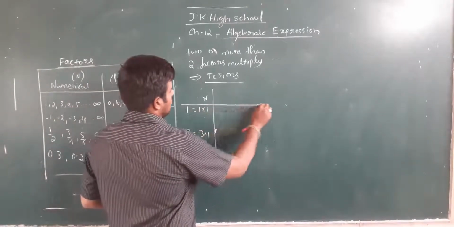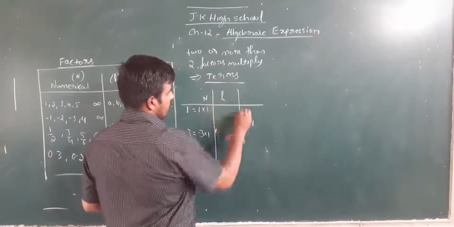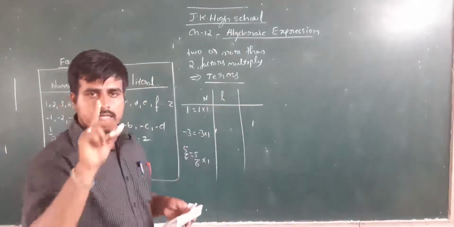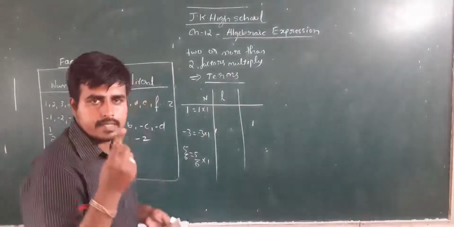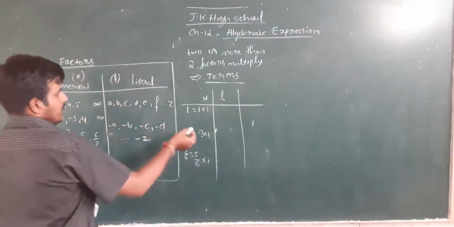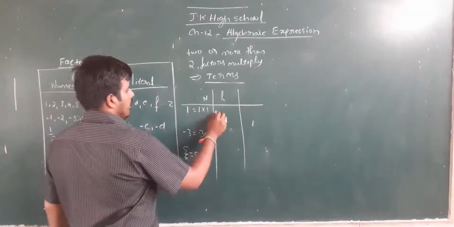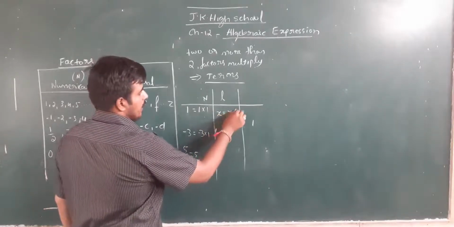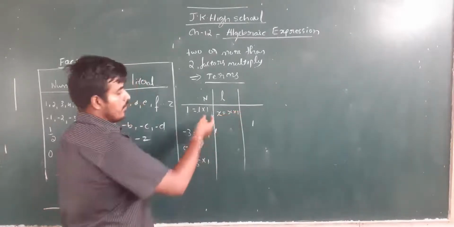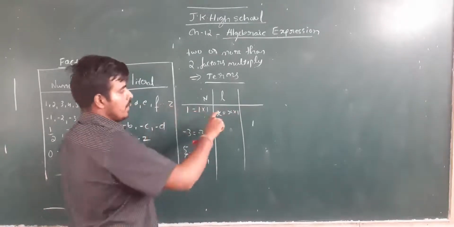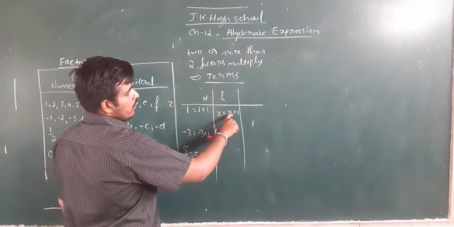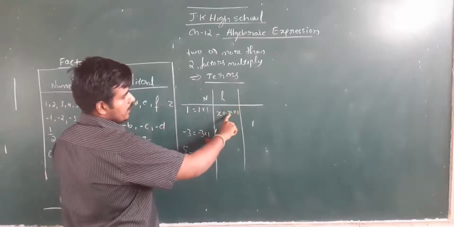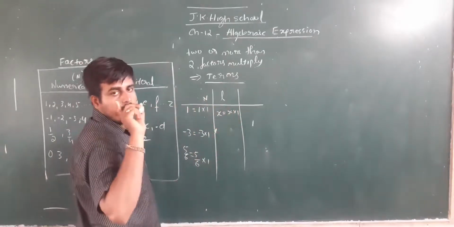Next, take letters. Only a letter, just take. Can we call a single letter a term? Yes, it is possible. Let's say x. x can be expressed as x into 1. x into 1 gives you x, therefore x is also a term, because x is a multiplication of two factors. x is one factor, 1 is another factor.